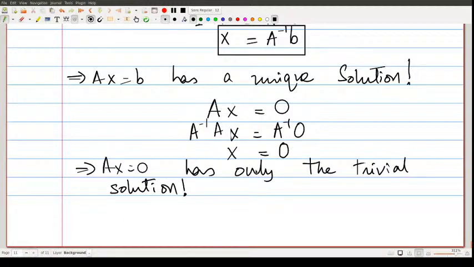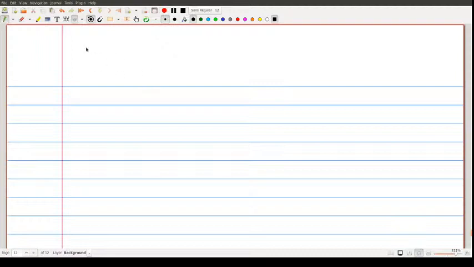Okay, so let's list these important facts down, and this is a list of equivalent statements that we will build. So the first fact is Ax equals b has a unique solution.